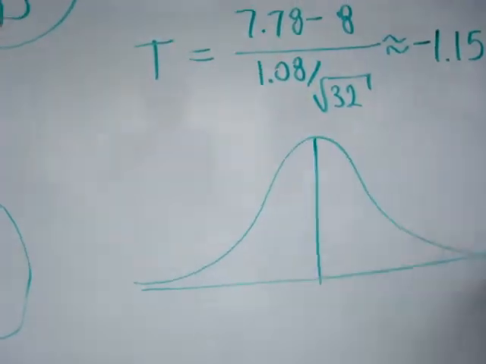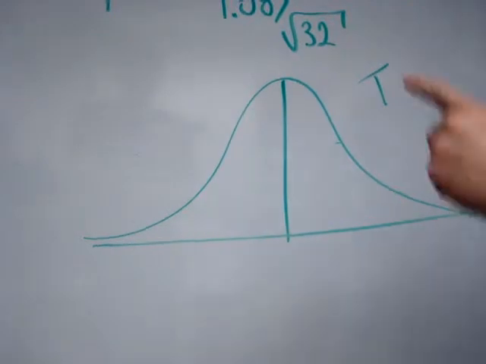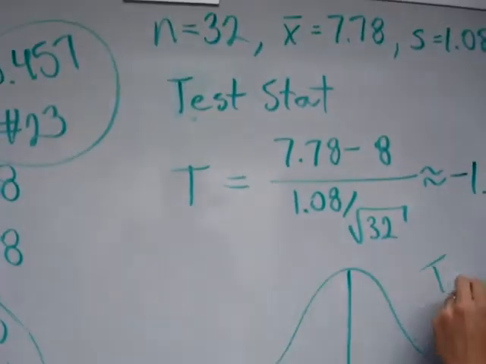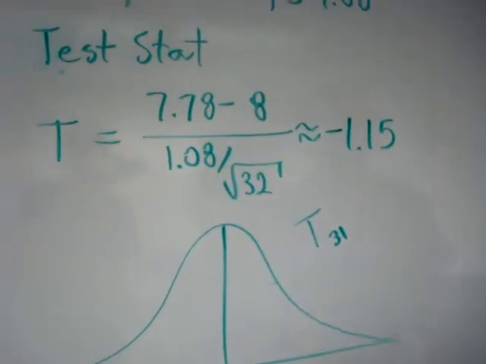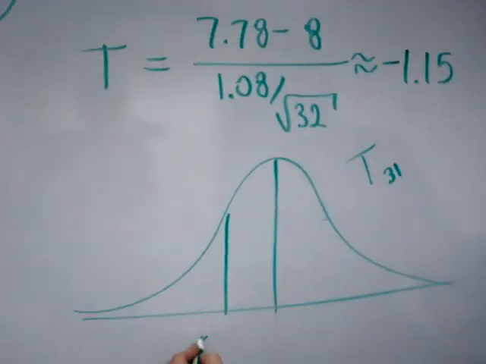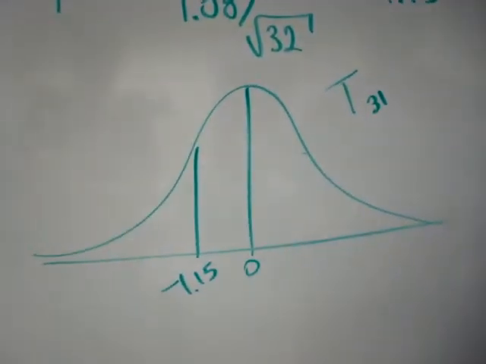Okay? And so to find our p-value, remember what we're doing here is we draw out what the null distribution is. If it's a t-test, it's going to be a t null distribution. So this is not just a t, it's a t with n minus 1 degrees of freedom, so t with 31 degrees of freedom. Sometimes that's how people write that. So identify where the test statistic is, so maybe negative 1.15 is here, because remember, all t curves are centered at 0.